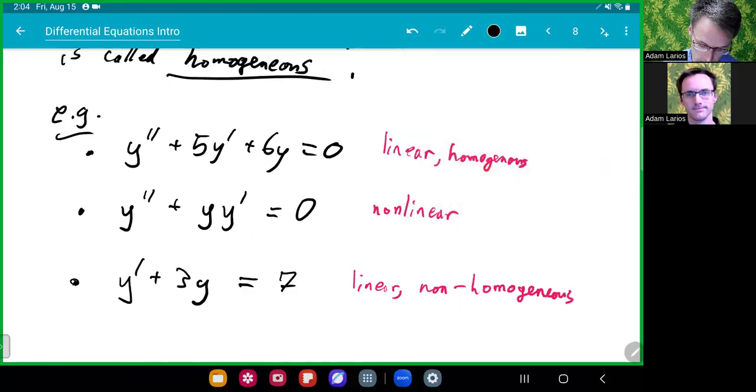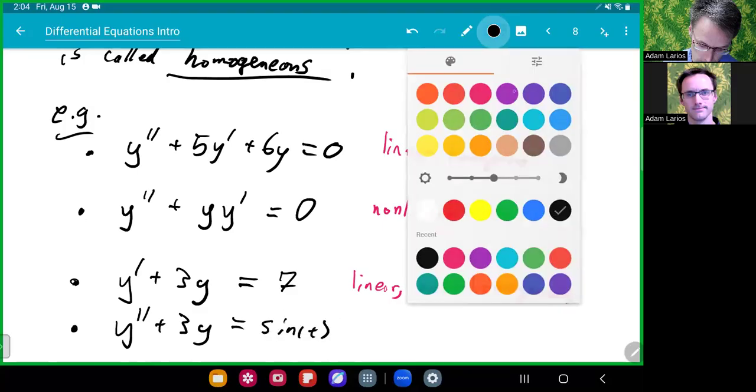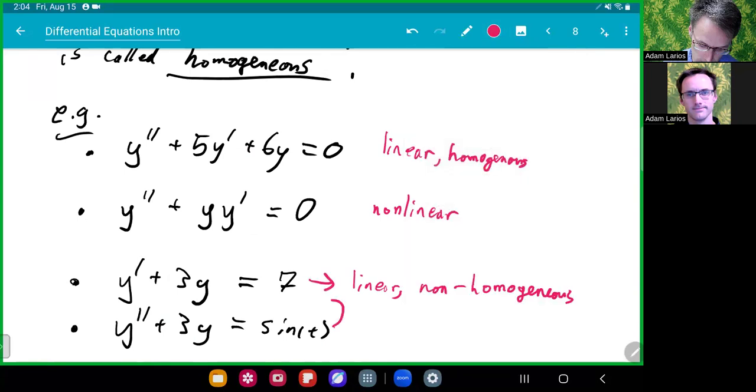Or if we had something like y double prime plus 3y equal to sine of t, again, this is linear, but not homogeneous. Seem okay? Because of the sine of t here.